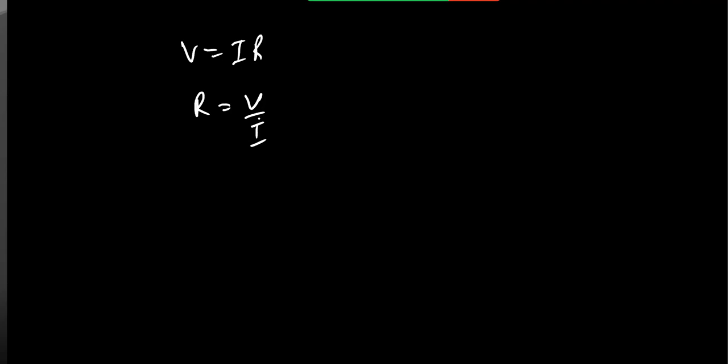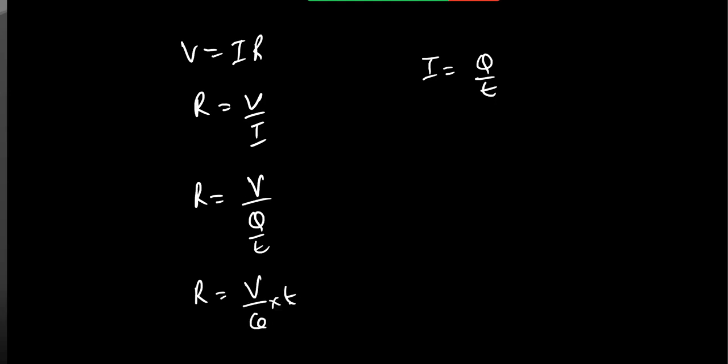So what is being given to you? I is not given to you. But I is Q by T. You can write I is equal to Q by T, so R is equal to V upon Q by T, which gives VT by Q. This is the new formula.